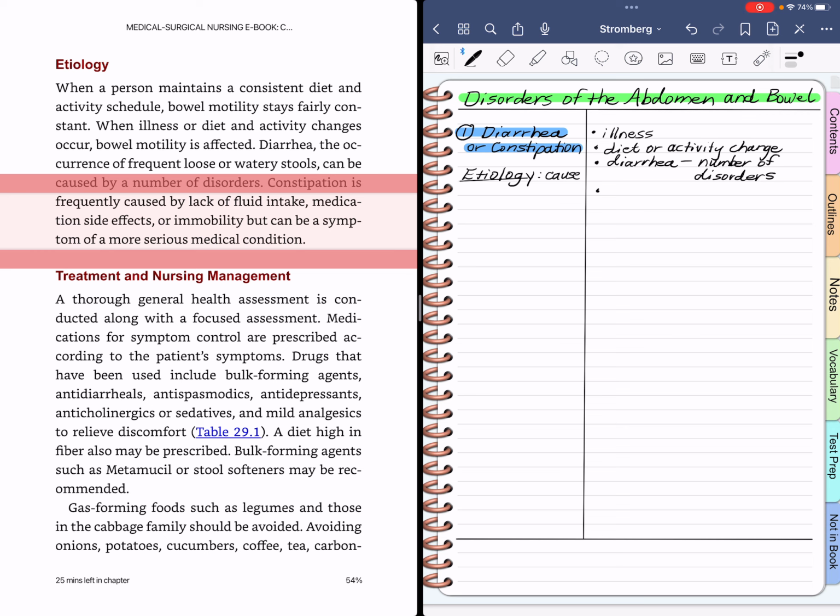Constipation is separated. Is frequently caused by lack of fluid intake, medication, or immobility.